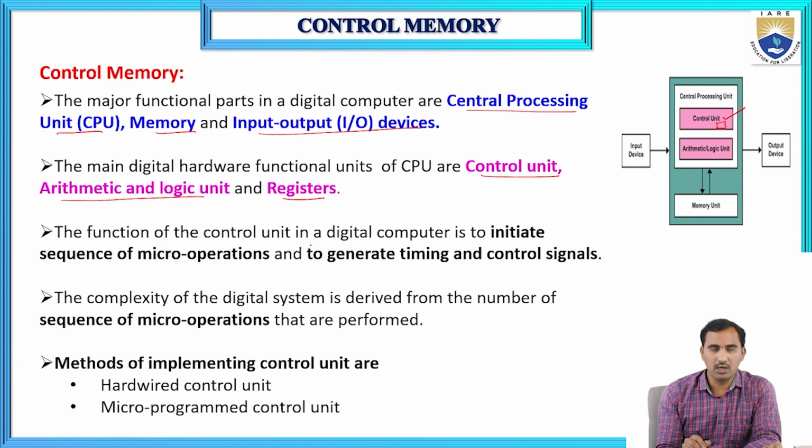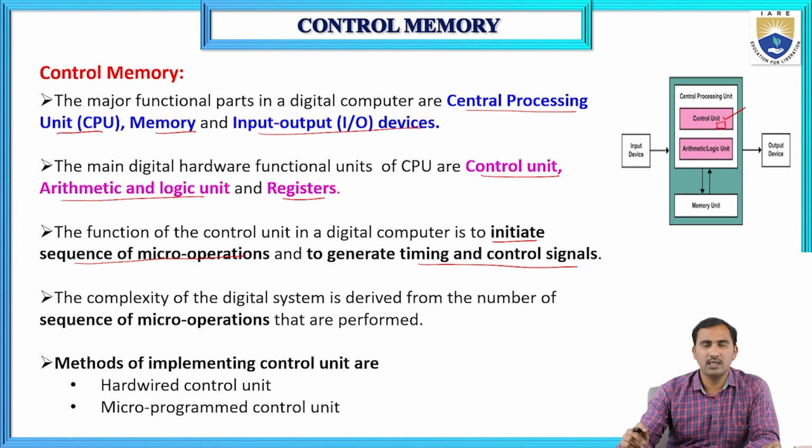The function of the control unit in a digital computer is to initiate the sequence of micro operations, and also to generate timing and control signals, because a computer has multiple modules. In order for those modules to work properly, it requires timing and control signals, all of which are generated by the control unit.